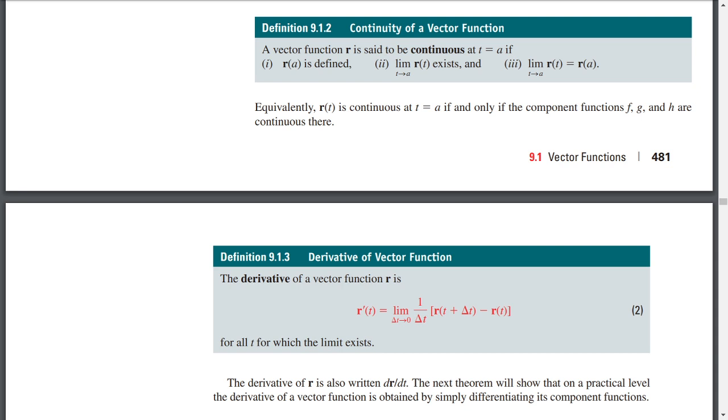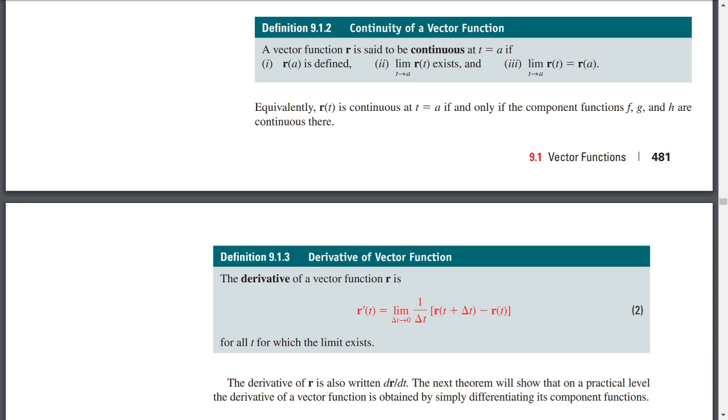And third, limit t tends to a of r of t must be equal to r of a. So this is the definition of continuity of a vector function. Or we can say that a vector function is continuous at a point t equal to a if and only if the corresponding component functions f, g and h are continuous at that particular point.